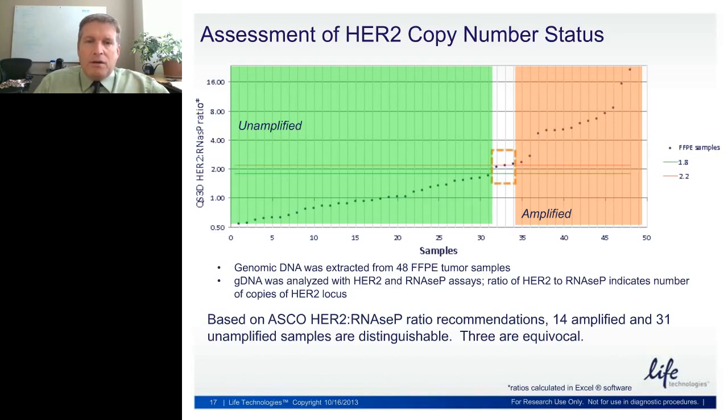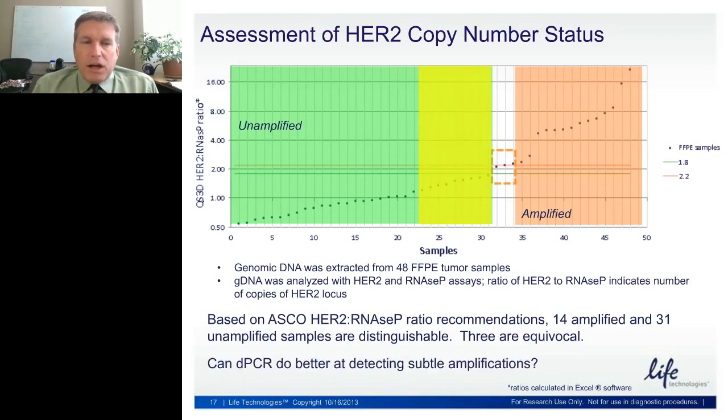Okay. But one thing I'd like to mention is, if we think about what these ratios actually mean, a ratio of 2 means that there are twice as many copies of HER2 as RNase-P. Since RNase-P is present in 2 copies in a normal diploid genome, that means there are 4 copies of HER2 in these samples.